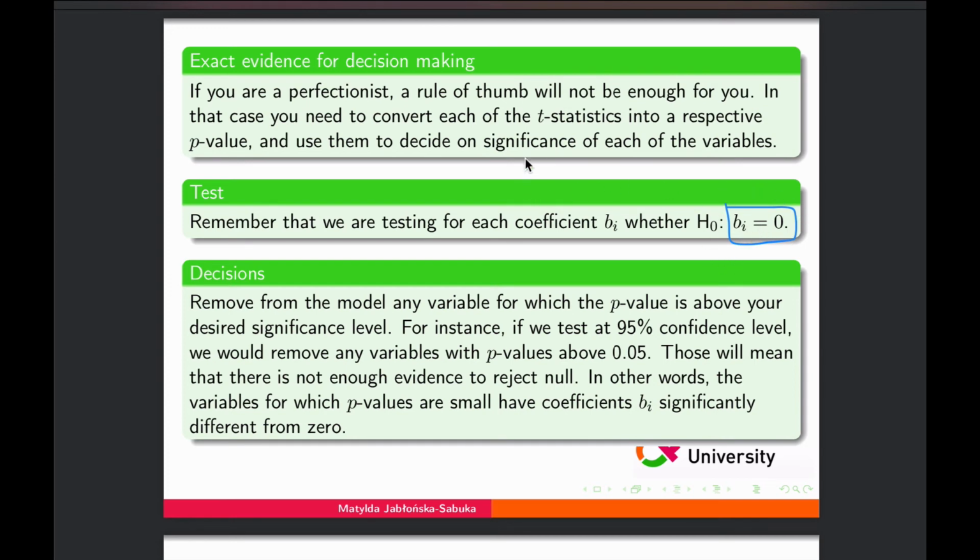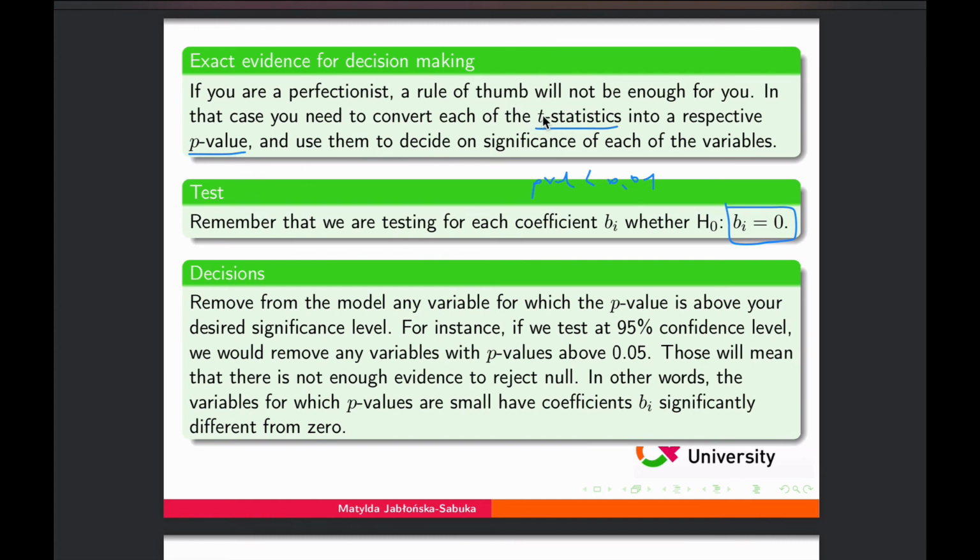A small p-value, for instance less than 0.01, would indicate that we have very strong evidence to reject this null. Consequently, small t-values mean high p-values, and high t-values mean small p-values.